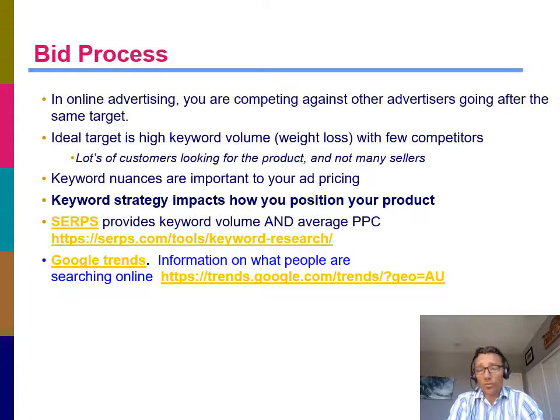There's also Google Trends, which also has good information on what people are searching for online. So the goal in your first step, before you start your digital advertising and define your target audience, is to do a keyword volume search to find out how many people are searching on these different keywords, and then you're going to pick probably your top 3 or 5 keywords that you're going to want to advertise to.